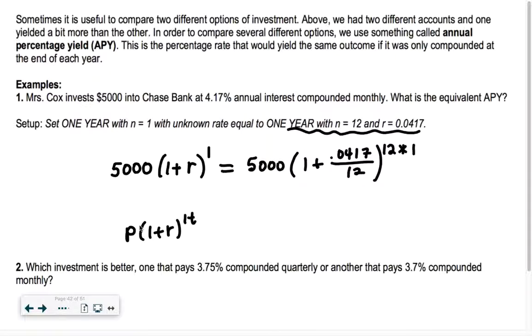Okay. So it's always going to be set up similarly. This left side will always be the same: original amount, 1 plus R to the 1. Because we're just finding, well, what would be the rate after 1 single year if I just compounded once. Okay, and we divide by 5,000.